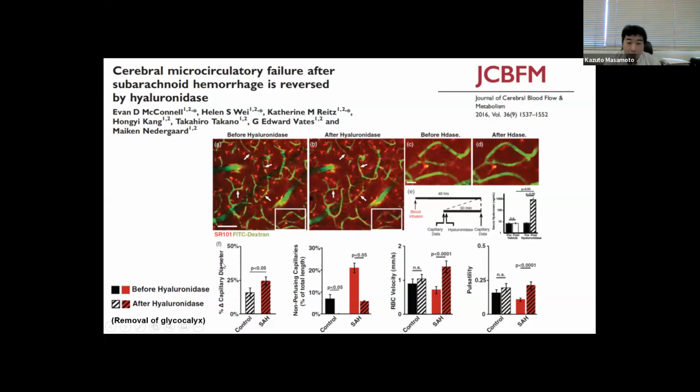So the diameter slightly increases after the hyaluronidase injection, and the non-perfused capillaries, which were shrunk and smaller, recover the capillary flow, and the capillary velocity and also pulsation increase. So basically this paper indicates the endothelial surface layer is an important component of the capillary flow in the microcirculation.